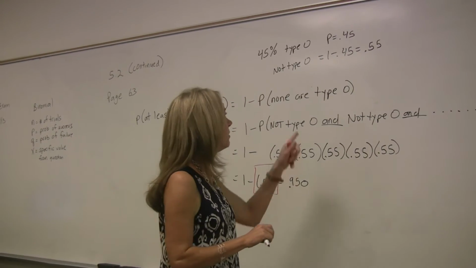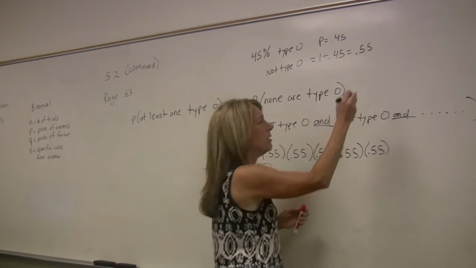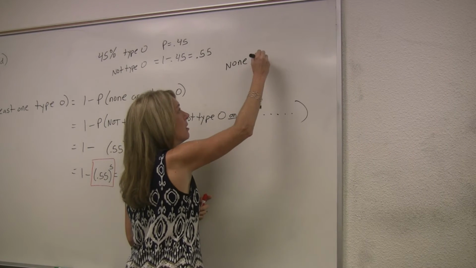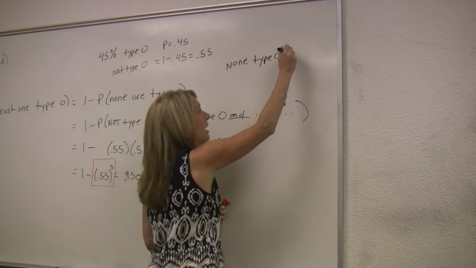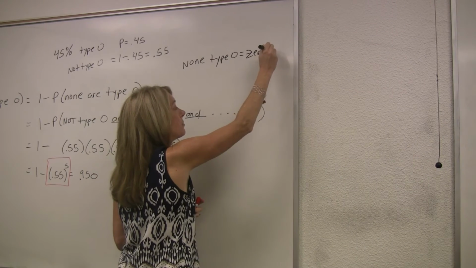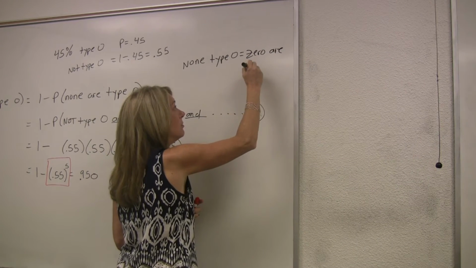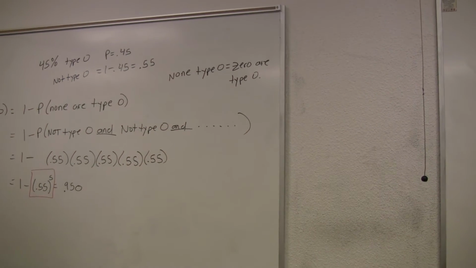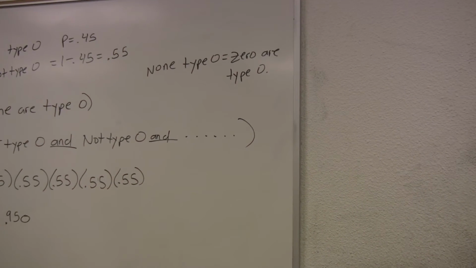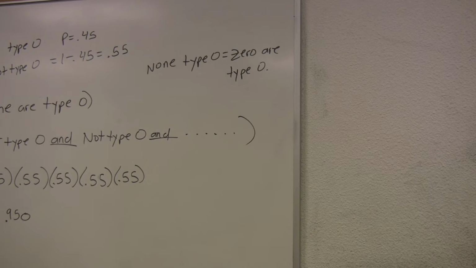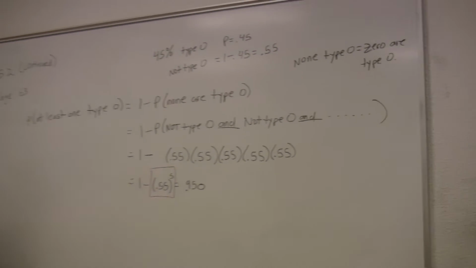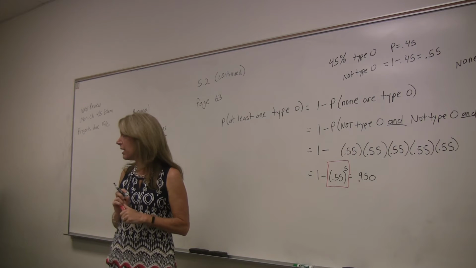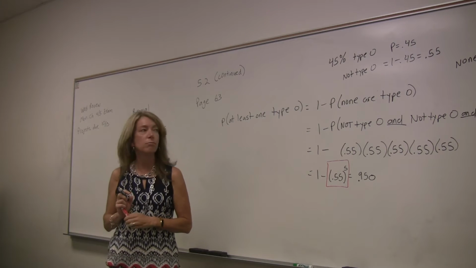We're really talking about none are type O, which is the same as saying 0 are type O. Aren't they giving me an X if they're saying 0 are type O?